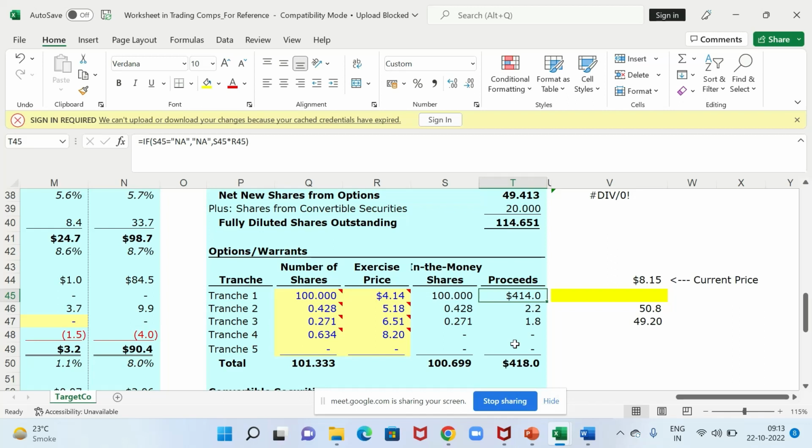When I receive the funds, they will go to my cash and cash equivalents. I'll have the option either to keep it in cash or reduce my debt, and there could be multiple things.